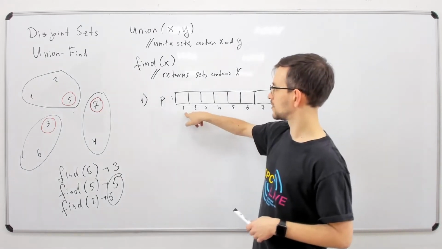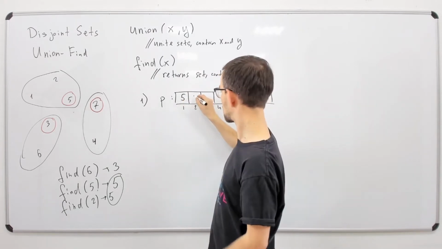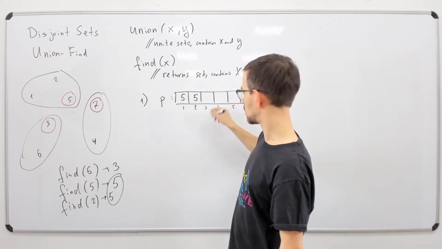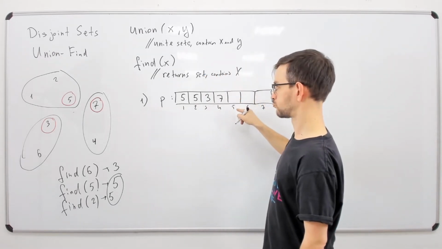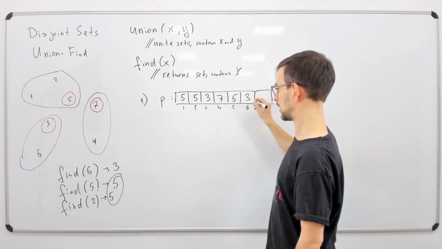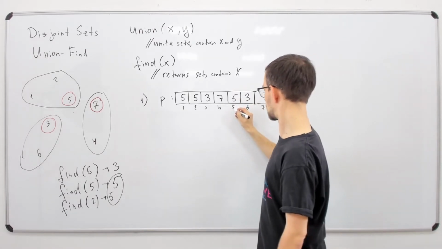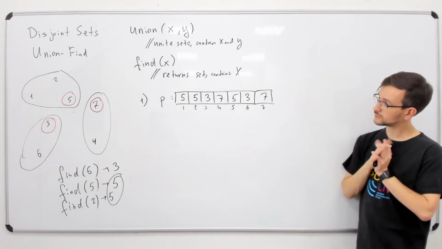For element 1, the representative is 5. For element 2, it's 5. For 3, it's 3. For 4, it's 7. 5, 3 and 7.